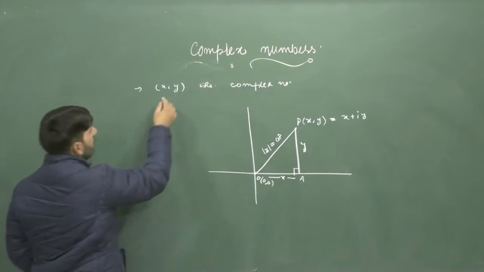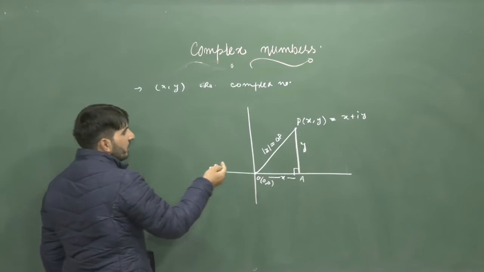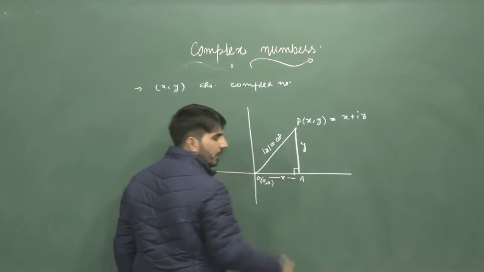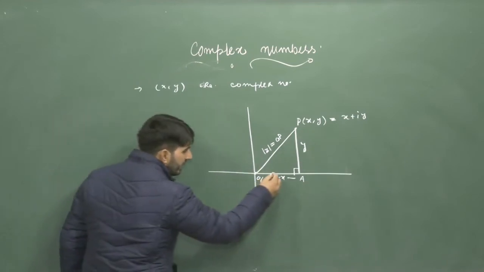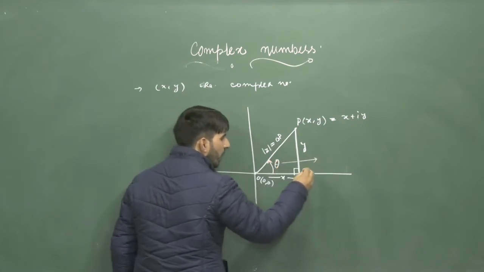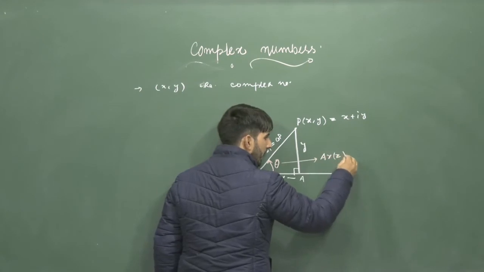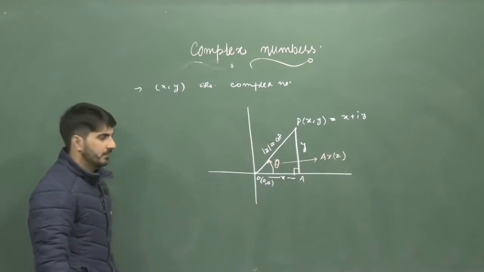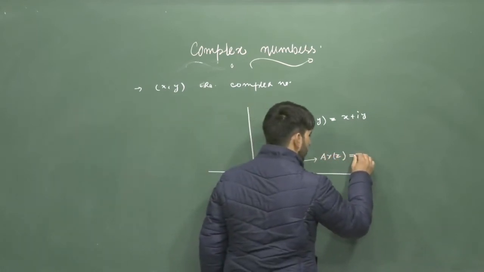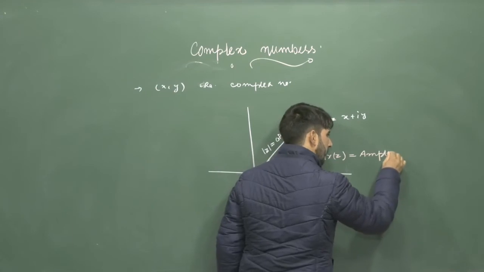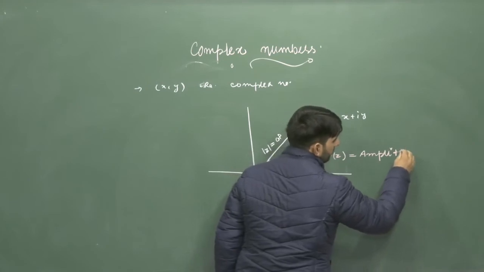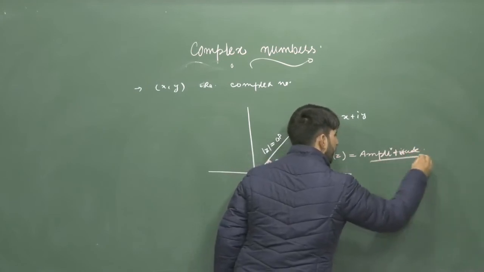If the complex number lies in the first quadrant, then this angle, say theta, is known as the argument of the complex number and is denoted by arg z, or sometimes known as the amplitude.